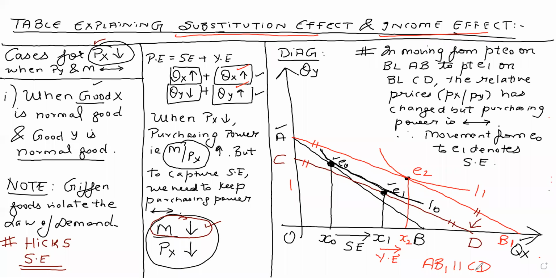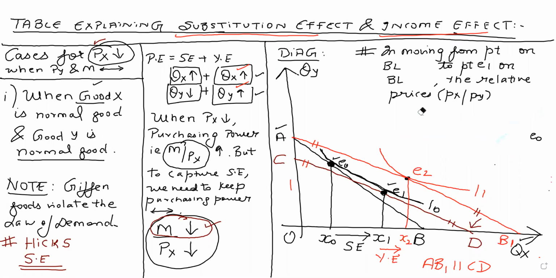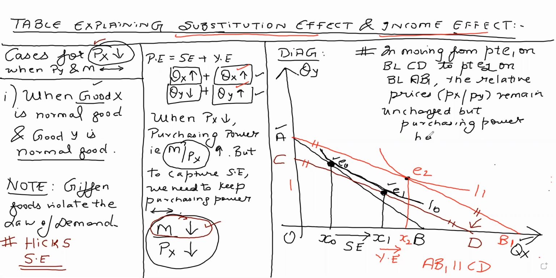So I can quickly write, if I erase only the irrelevant portion and fill up the remaining part: in moving from point E1 on the budget line CD to E2 on the budget line AB1, the relative prices remain unchanged, but the purchasing power has gone up.